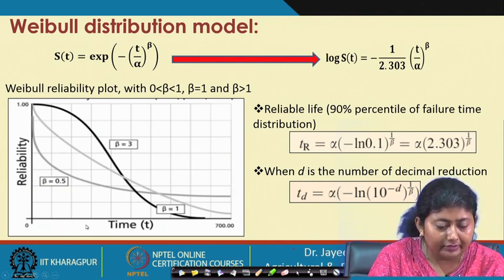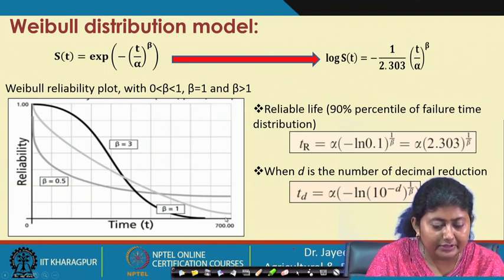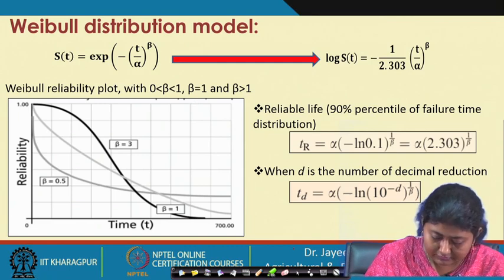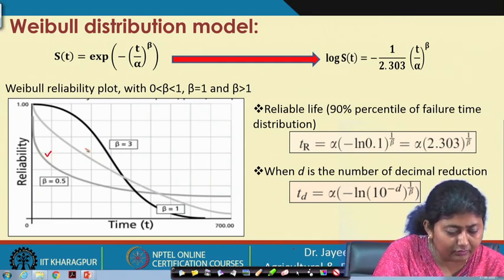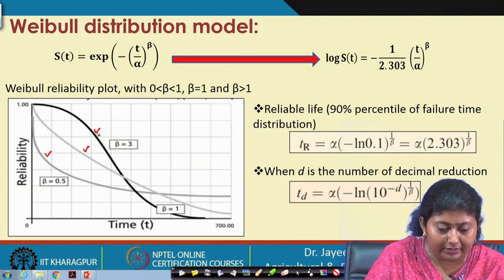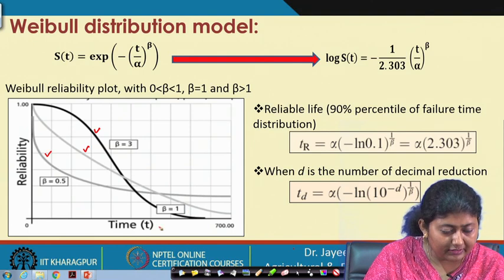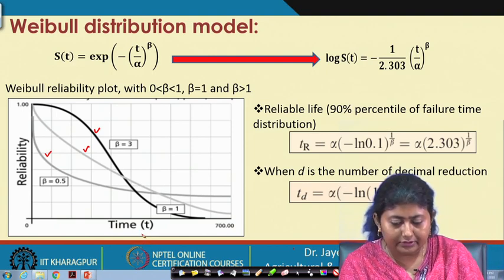In the Weibull reliability plot, beta varies from 0 to 1, beta equal to 1, and beta greater than 1, plotted as Weibull reliability with respect to time.